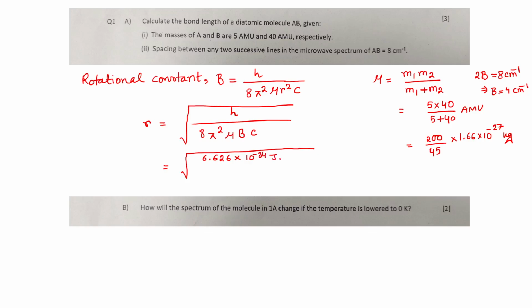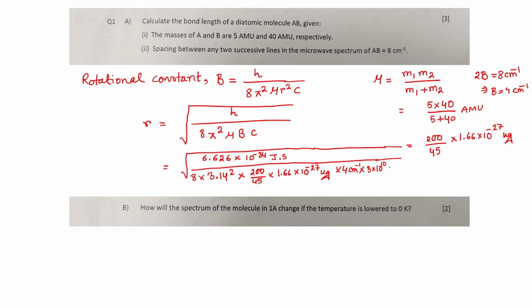So 8 into 3.14 square, mu we already know, 200 divided by 45 into 1.66 into 10 to the power minus 27 kilograms, into B, which is 4 centimeter inverse, and c is 3 into 10 to the power 10 centimeter per second.